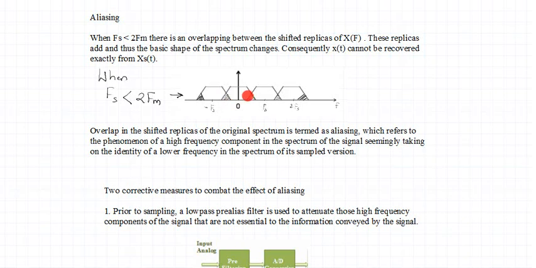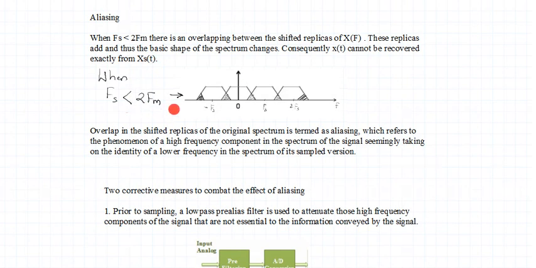This spectral overlap changes the basic shape of the spectrum itself. If the basic shape of the spectrum changes, we will not be able to recover the CT signal back. Consequently x(t) cannot be recovered exactly from x_s(t), and this effect is called aliasing.